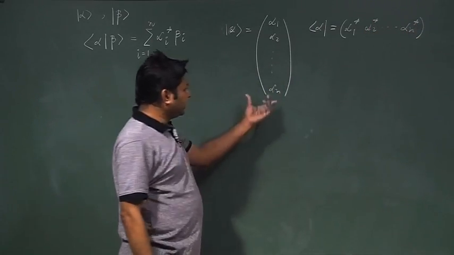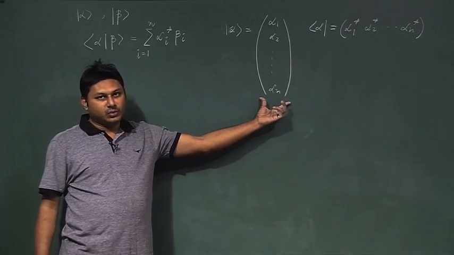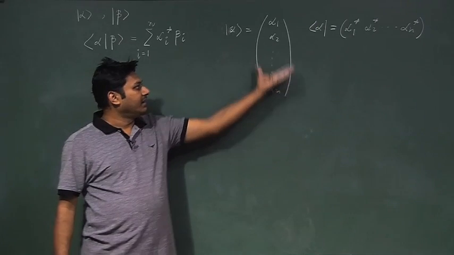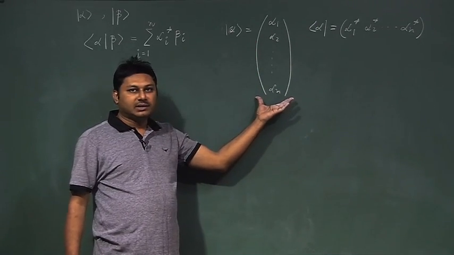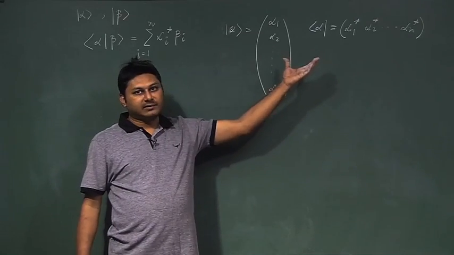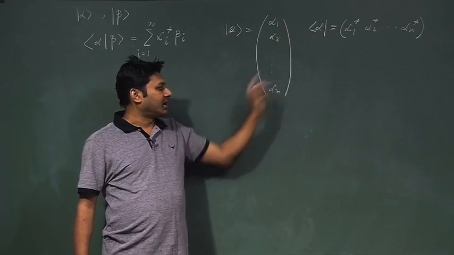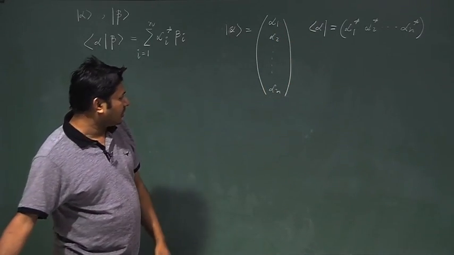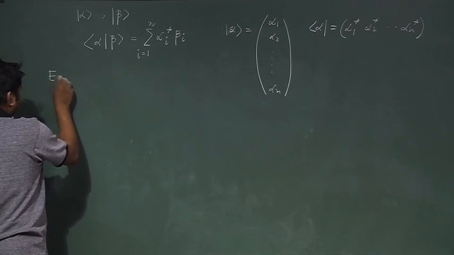So essentially, to go from normal vector space to dual space, I am changing this structure. This is a column matrix, I change this to a row matrix, that means I make a transpose of these things. Not only that, I am taking the star of this, that means the complex conjugate. Now, let me give you some examples.